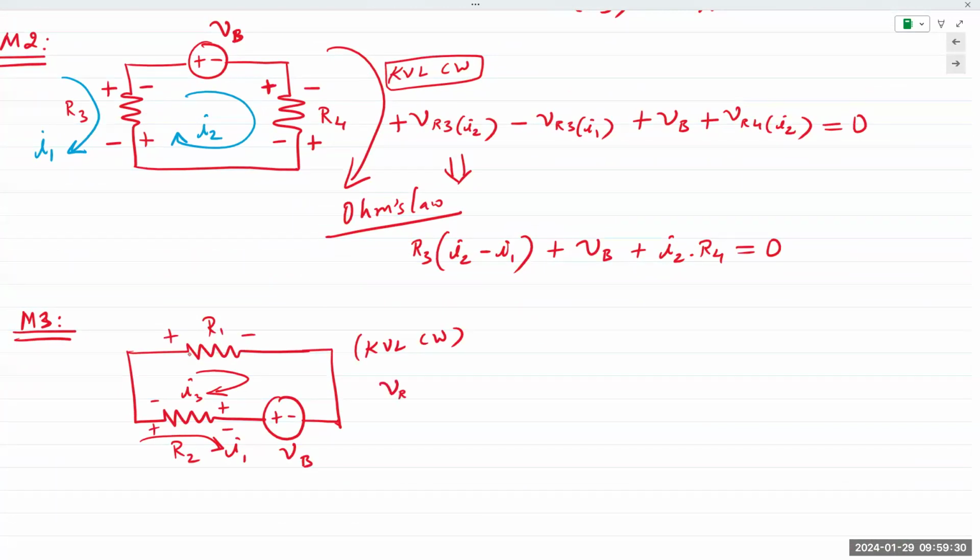So I would have VR1 minus VB plus VR2 due to I3 and minus VR2 due to I1 equals 0.